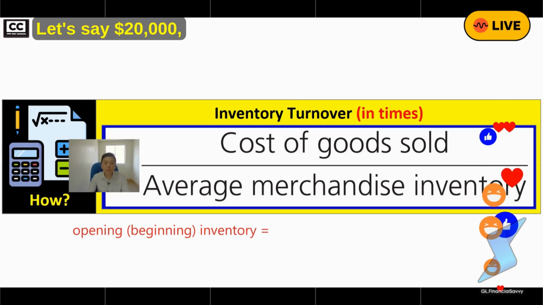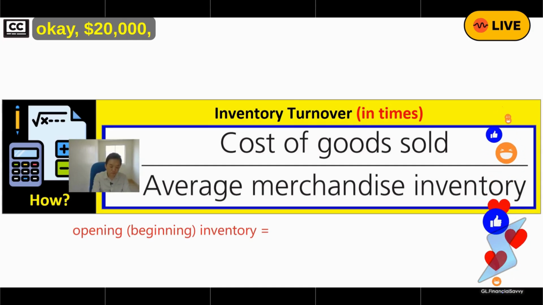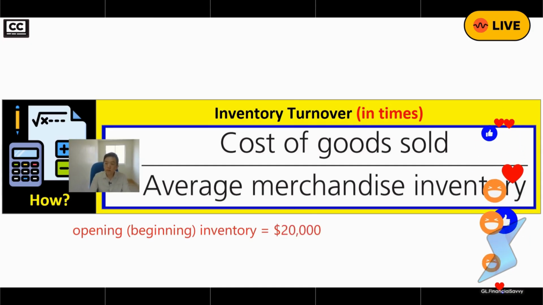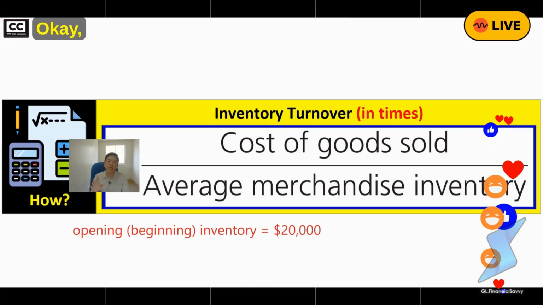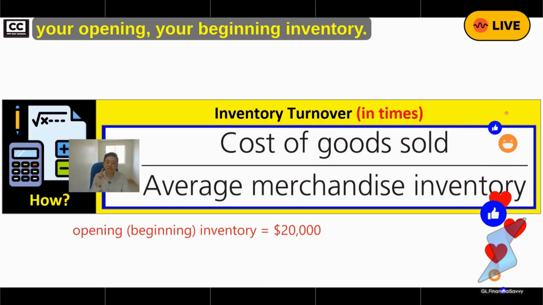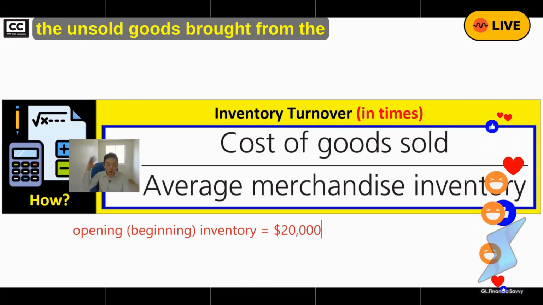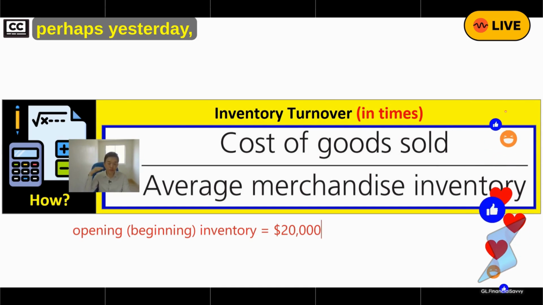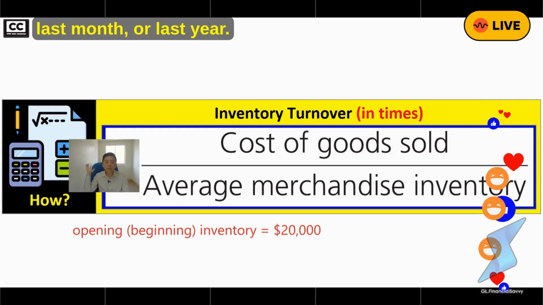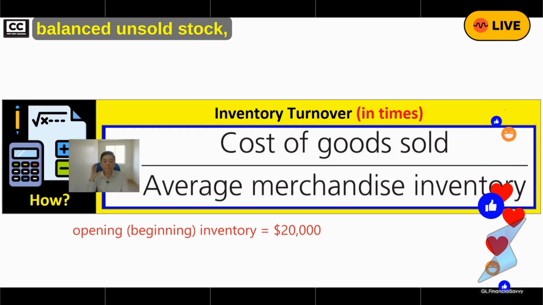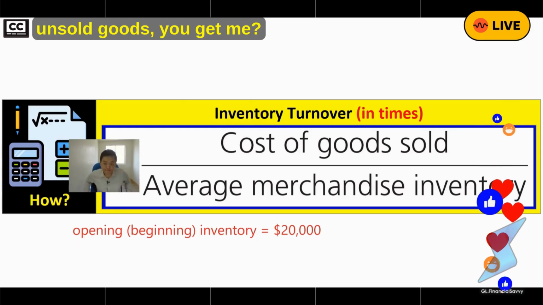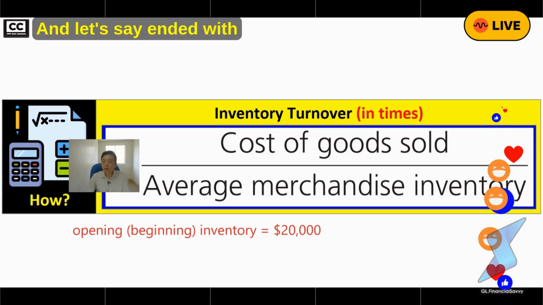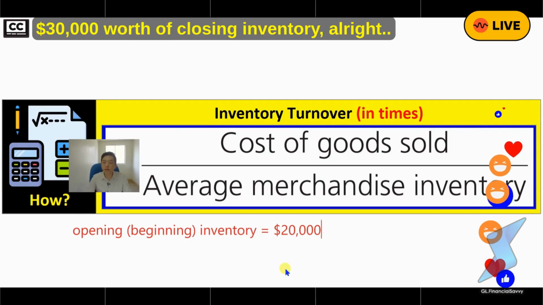Let's say 20,000 worth of opening, beginning inventory. Your beginning inventory is the unsold goods brought from the previous period, perhaps yesterday, last month, or last year. Balance unsold stock, unsold goods. You get me? And let's say you ended with 30,000 worth of closing inventory.